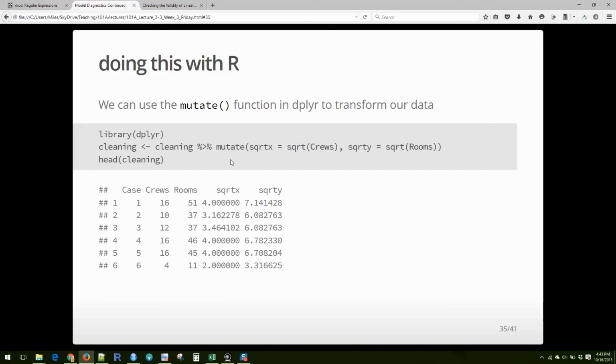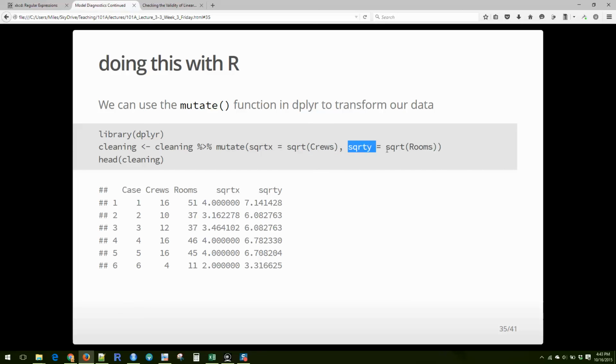So with dplyr, I'm going to take our current cleaning data set and throw it into mutate. Mutate is going to create a new column called square root x and a new column called square root y. For square root x, take the square root of the crews column.